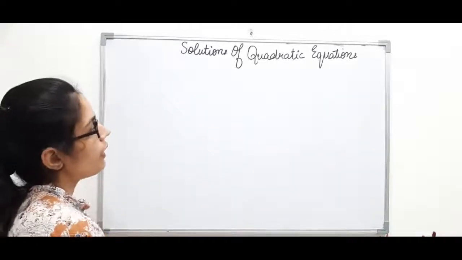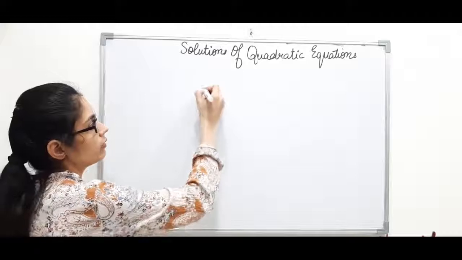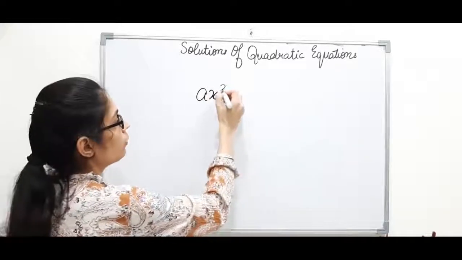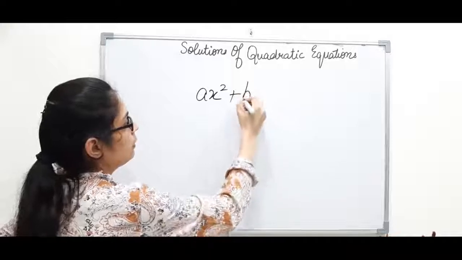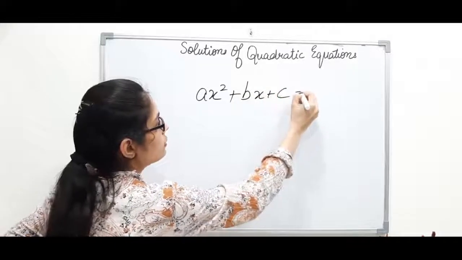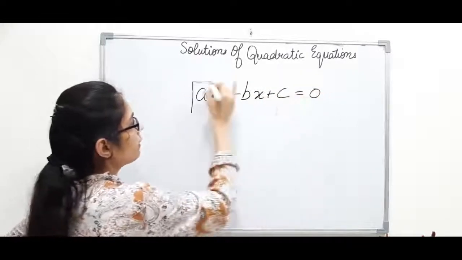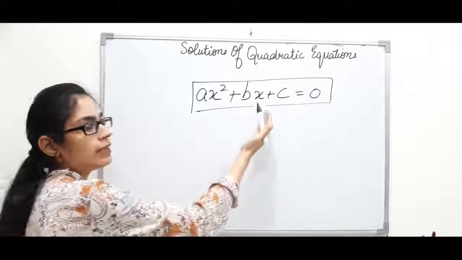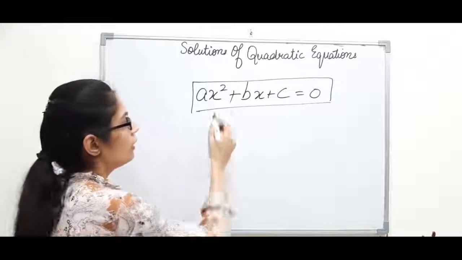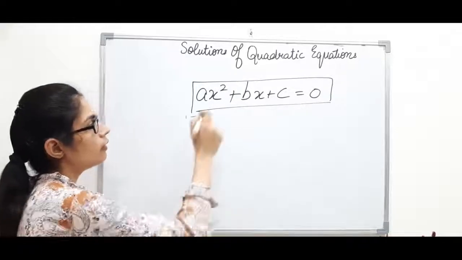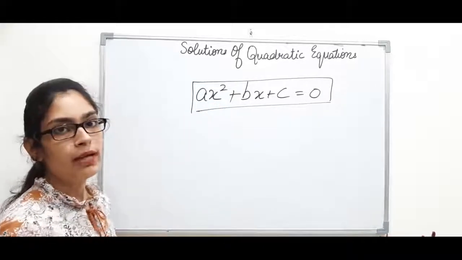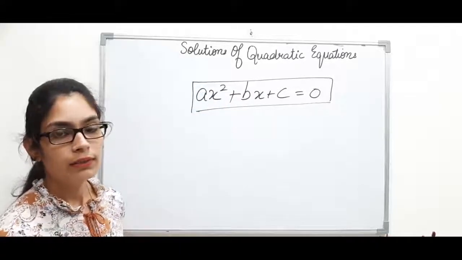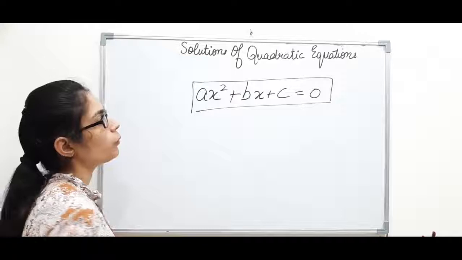Now if I give you any quadratic equation, and in my previous video I have already told you that this is the general form of a quadratic equation: ax square plus bx plus c is equal to 0. And here your variable should have a power of 2, or degree you can say, or exponent equal to 2.